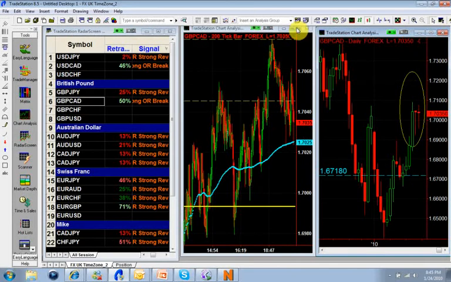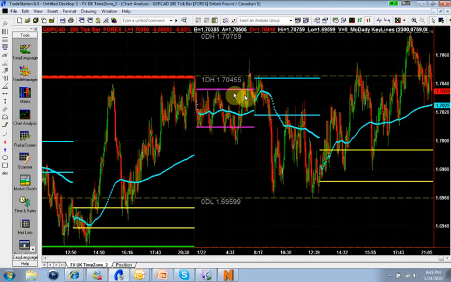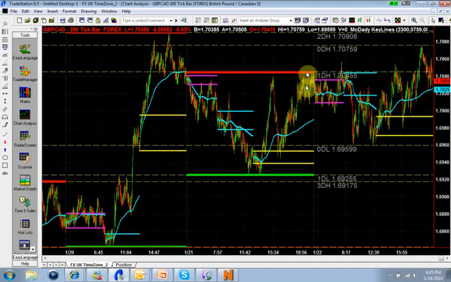We can buy it above the 107.46. So for the pound CAD, that's a low-risk trade above 107.